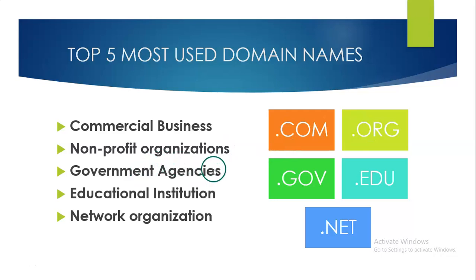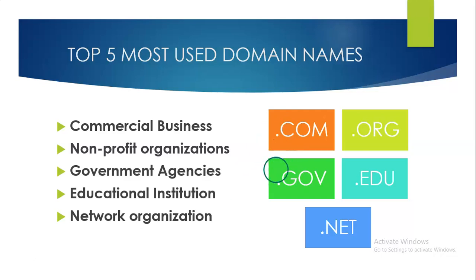Then for government agencies, the .gov domain name is very good. Though some government agencies use .com and other things, it is not really appropriate. As a web developer, you must know the right domain names for the right businesses.